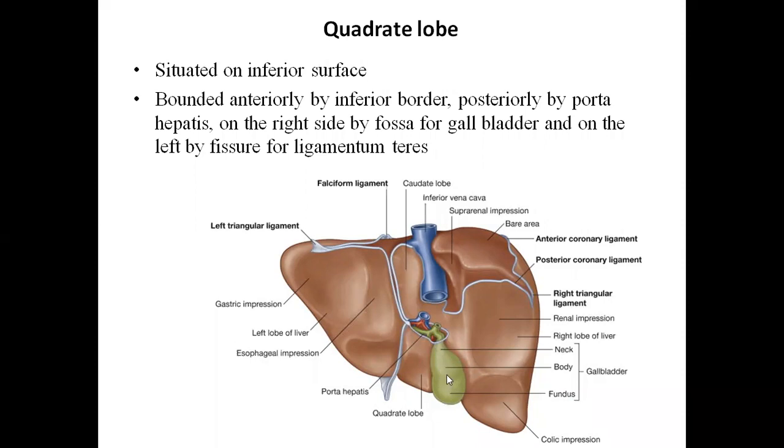If you remove the gallbladder from here, you get a fossa there, and that is the fossa for the gallbladder. And on the left side by the fissure for ligamentum teres. So anteriorly the inferior border, posteriorly the porta hepatis, to the right the fossa for the gallbladder, and to the left the fissure for ligamentum teres.